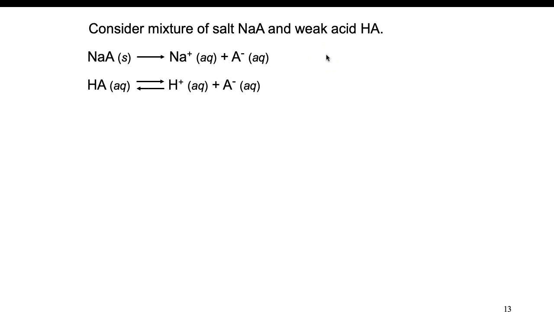We saw this before with sodium acetate and acetic acid, but this would now represent any weak acid and its salt. So that goes 100%, and this doesn't. So my constant would be equal to H positive times A negative over HA. If I solve it for the hydrogen ion concentration, I would get this.